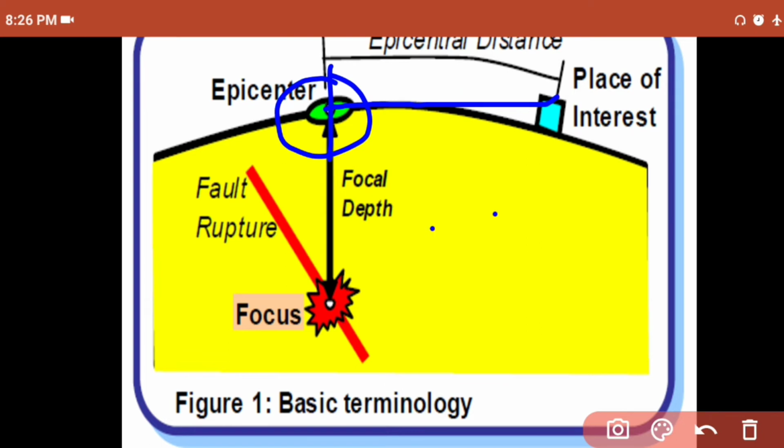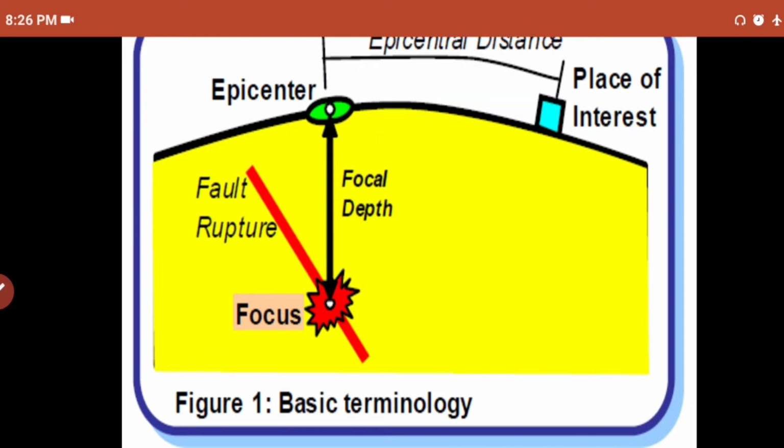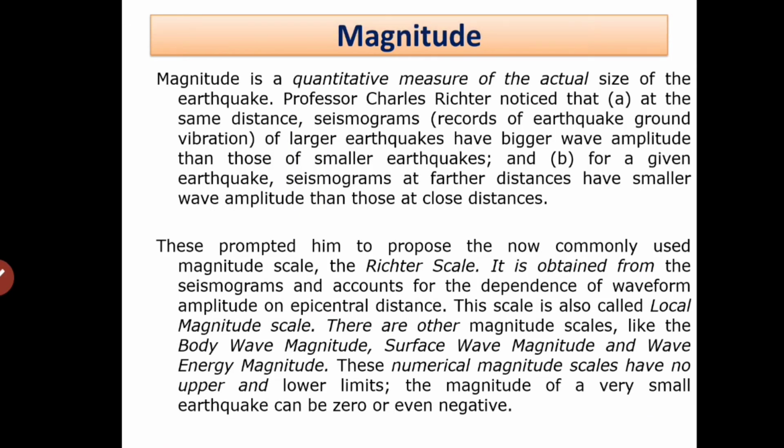So these two, focal depth and epicentral distance, are directly related to the hazardous effect on our building during an earthquake. It is very important to understand focal depth and epicentral distance.